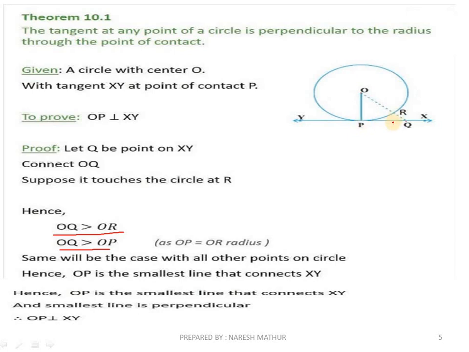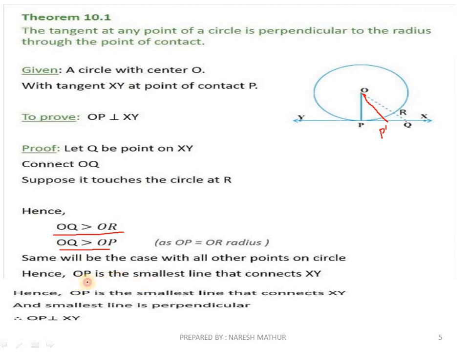Alright, now consider another point. Let's say this point is P dash. Now just consider the distance OP dash. It is also greater than OP.